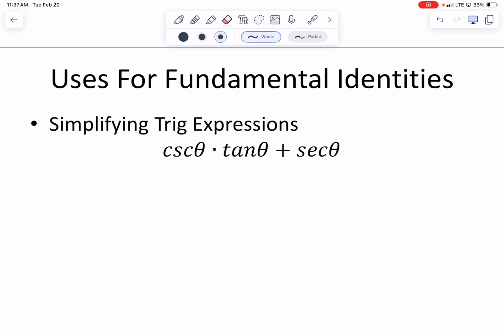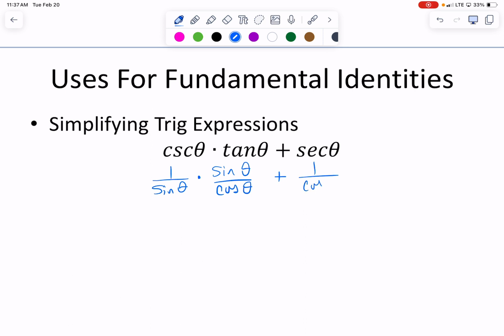So cosecant would be 1 over sine, and tangent is sine theta over cosine theta, right? And secant is 1 over cosine theta, right?